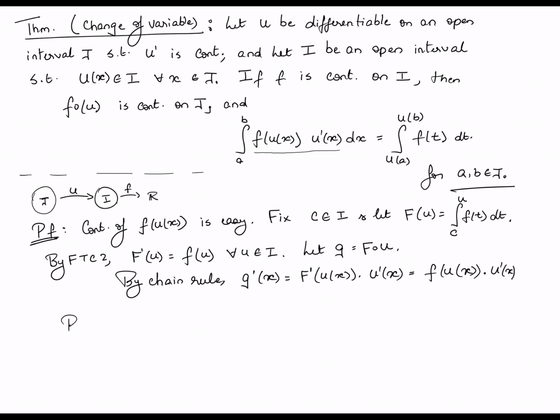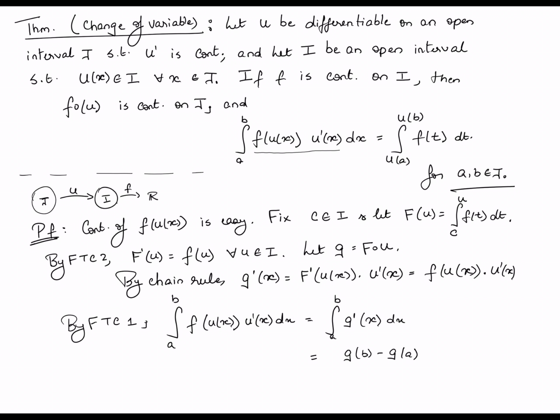So by FTC1, the integral of f of u of x times u prime x, let's say from a to b, is in fact the same as the integral of G prime x from a to b, which by FTC1 is equal to G of b minus G of a. But what is G?